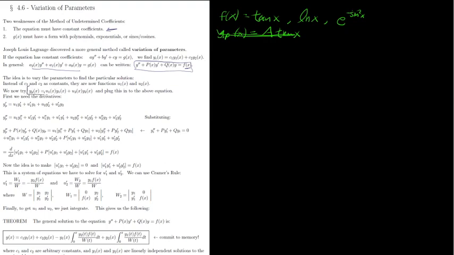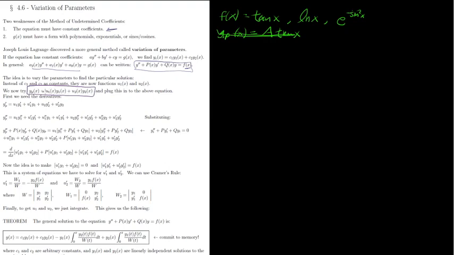Our yp is not going to be just c1 times y1 and c2 times y2. It's going to be some function of x, which we could call c1 of x, but just so we don't confuse it with constants, this is going to be some function u1 of x times y1 of x, plus u2 of x times y2 of x. So we're assuming that the particular solution will be of this form.